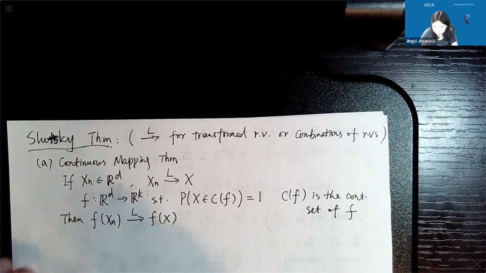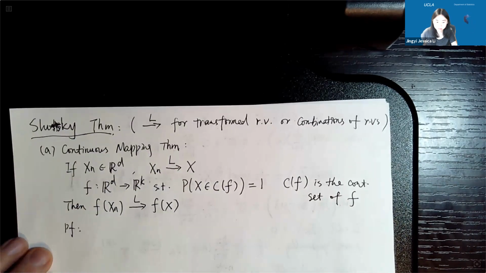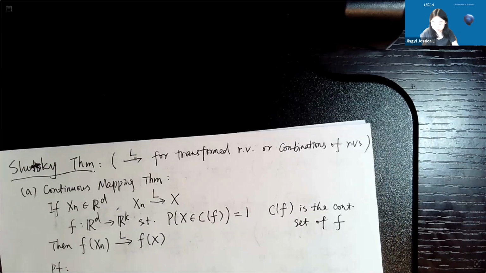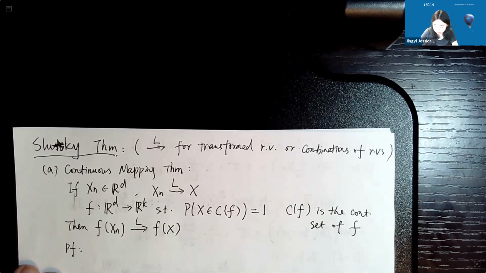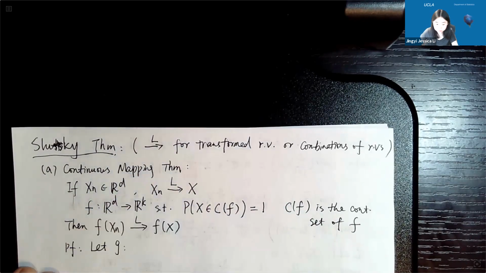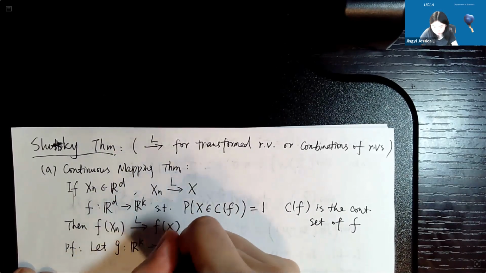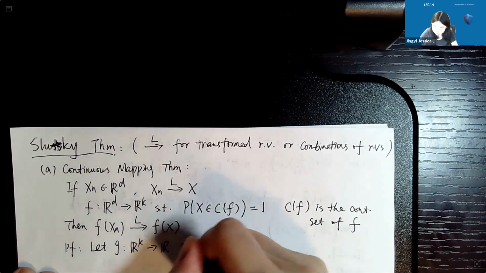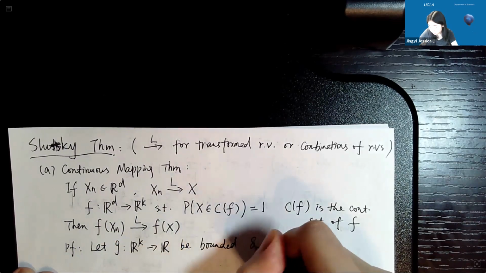So to prove this one, we are going to use something we learned a while ago, the Portmanteau theorem. That's a very fundamental theorem for proving convergence in law. So we just let G be defined as a function that maps from R^k to R, and we let it be bounded and continuous.